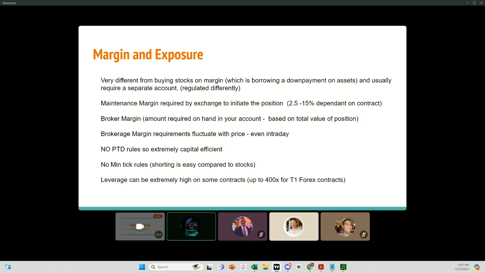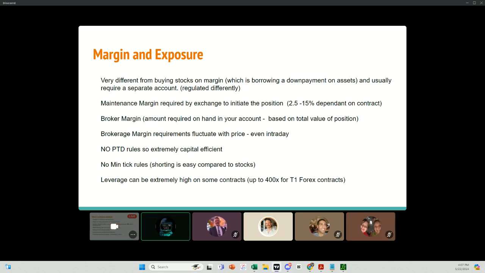That's probably both one of the upsides and one of the downsides, because as we all know, we can make many losses and few wins. In futures trading, you've got to be very careful that you use the leverage to magnify your wins and don't use it to magnify your losses, which is what I see a lot of people doing when they're buying stocks on margin. But it's a very different beast.